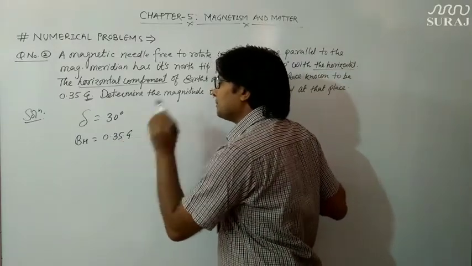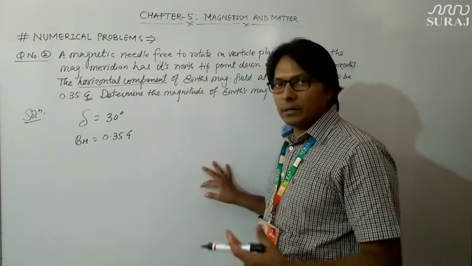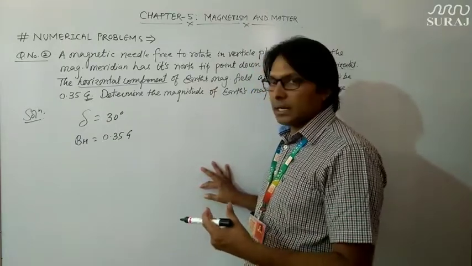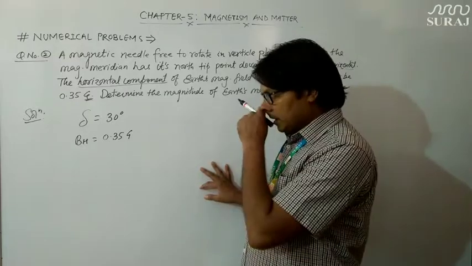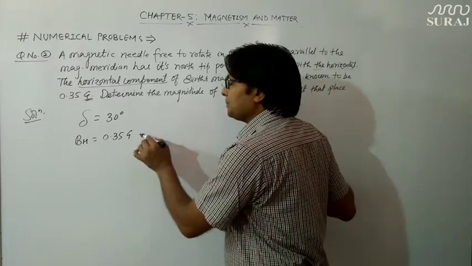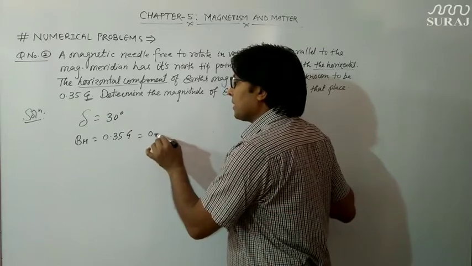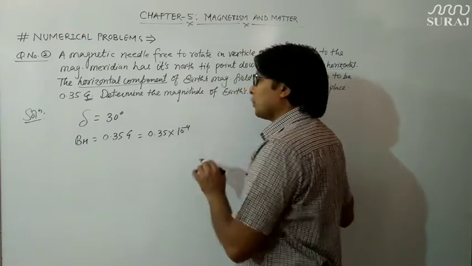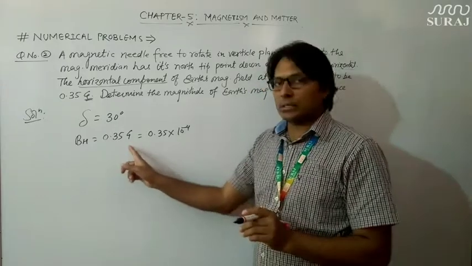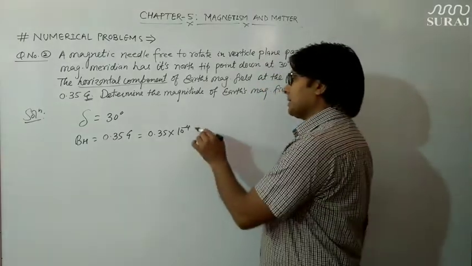You can solve this question and the answer may be represented in Gauss as well. Otherwise you can convert this Gauss into Tesla by simply multiplying 0.35 by 10 raised to the power minus 4, because 1 Gauss is equal to 10 to the power minus 4 Tesla.